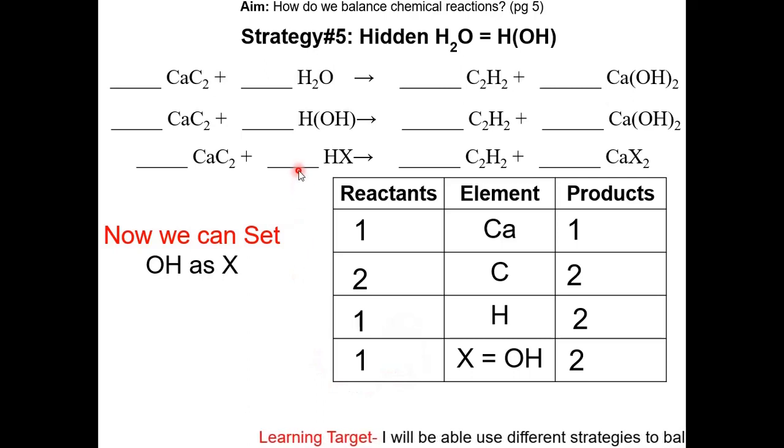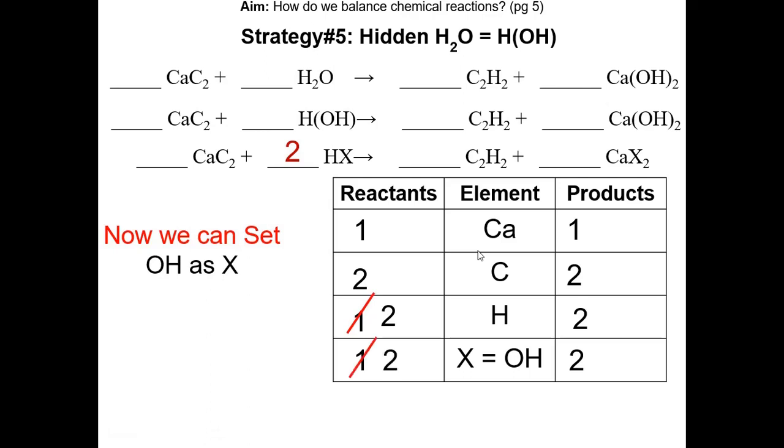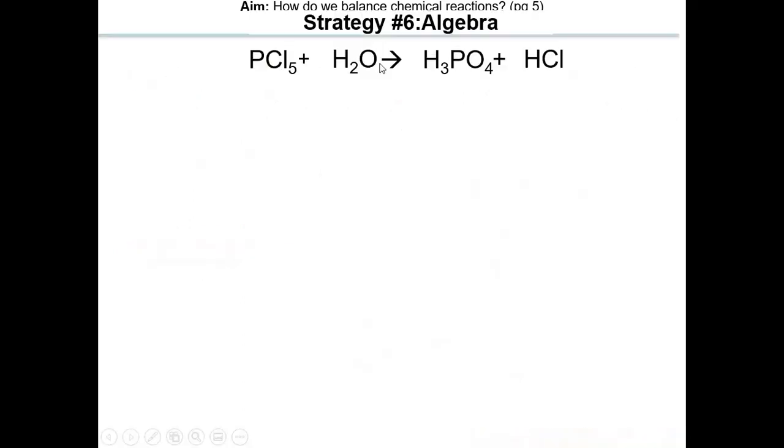So we're going to put a 2 in front of this HX. Now we have 2 hydrogens and 2X. Based off this chemical equation, we have finished balancing the reaction. The last step is to fill in the original chemical equation. Now you're done.